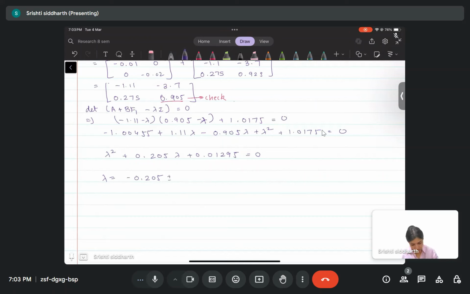Plus minus. We have to just take 0.030. Okay, so it's fine.